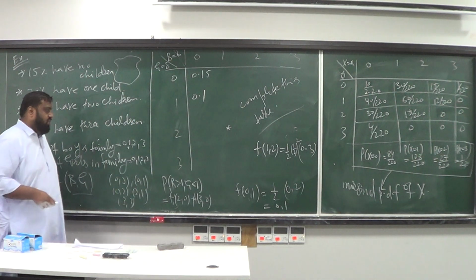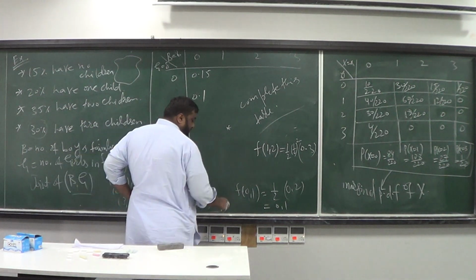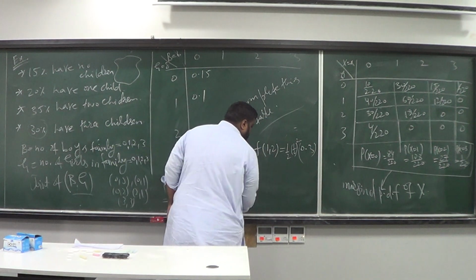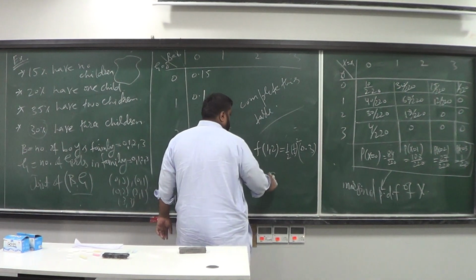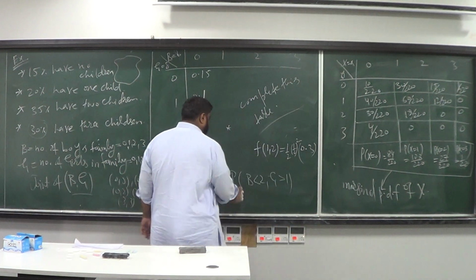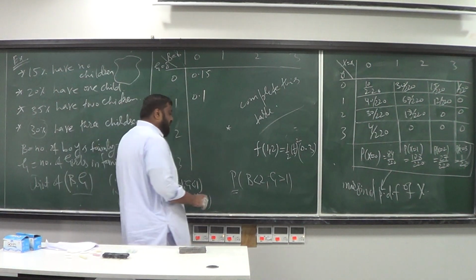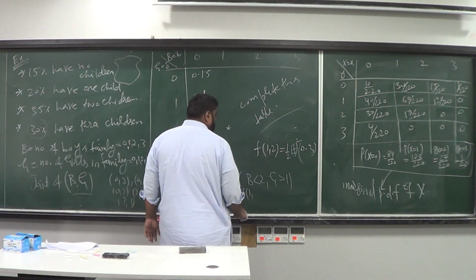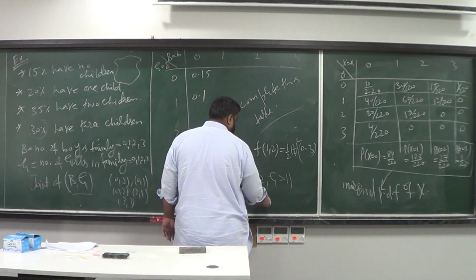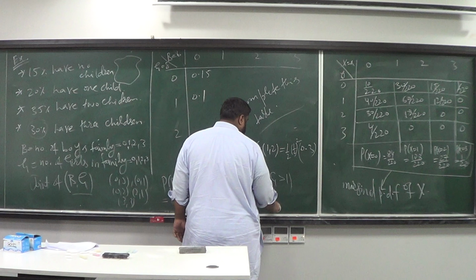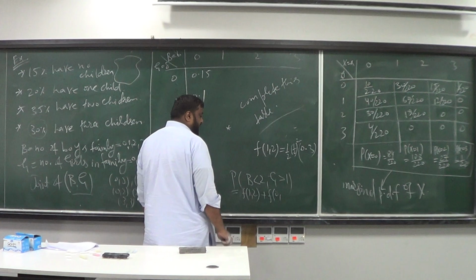Okay? You can also have a situation where, for example, I can ask what would be the probability of the event when the boys are less than 2 and girls are bigger than 1 actually. So you have to choose appropriately all the possible outcomes. In other words, the boy can be 1 and girls can be 2. Boy can be 0 and girls can be 2.